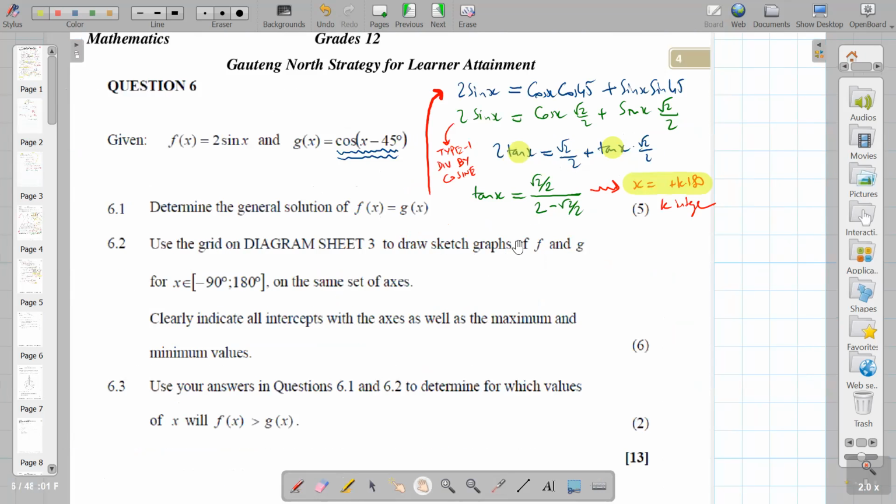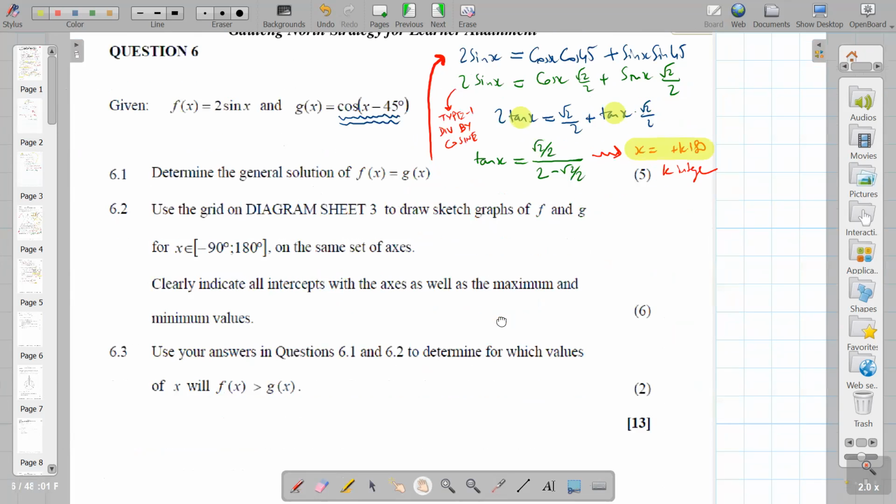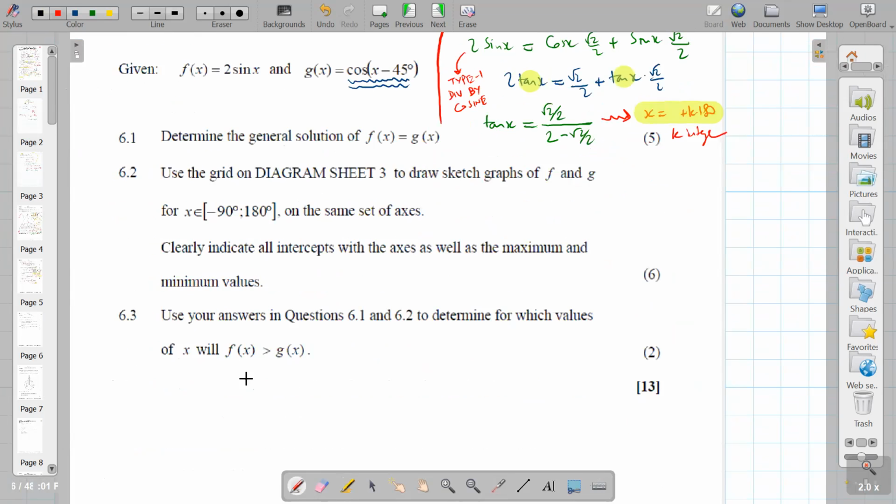Now, in terms of drawing the graph, let's skip that. But I think the answers will help us to answer 6.3. What was 6.3? It's basically f above g. Once you draw the graphs, according to their intersections, you will answer this f above g.